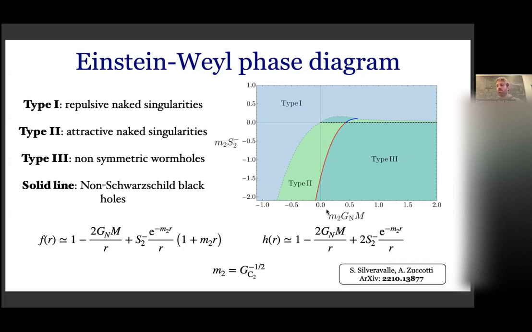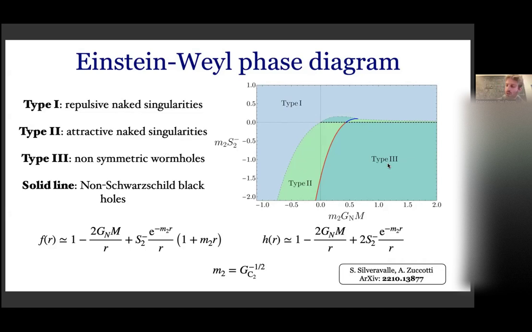So it's a three-dimensional diagram, morally speaking, where you can classify different solutions that correspond to different matching of this F and H function with the ansatz that I told you before. And basically, as a function of S2 minus and the ADM mass M, we have, you see, different types of solution.